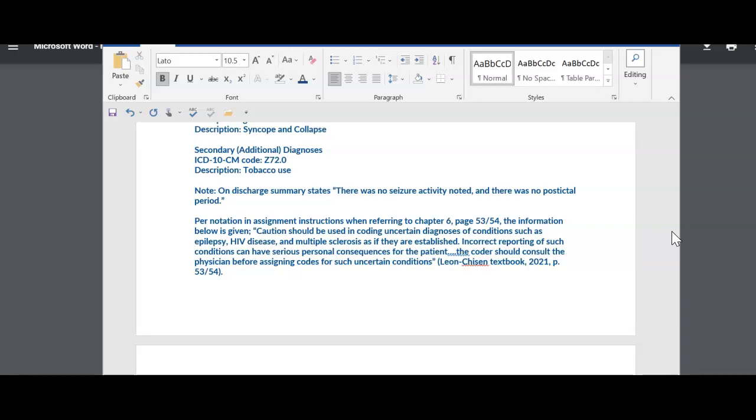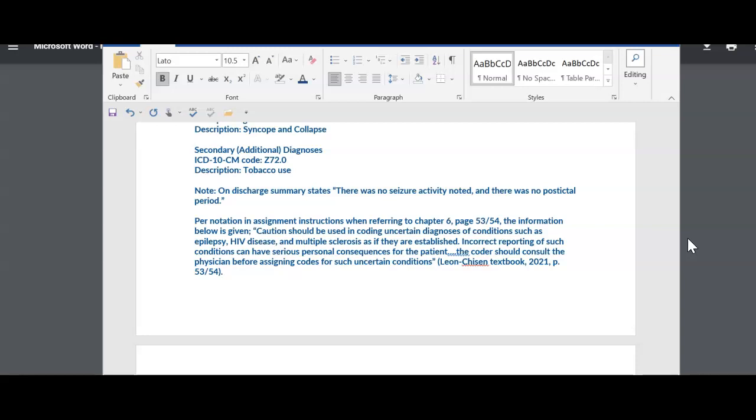So per notation in this assignment, if you go to chapter 6, which is on page 53, 54, towards the bottom, it tells you right there, caution should be used in coding uncertain diagnosis of conditions such as epilepsy, HIV, and multiple sclerosis as if they were established.